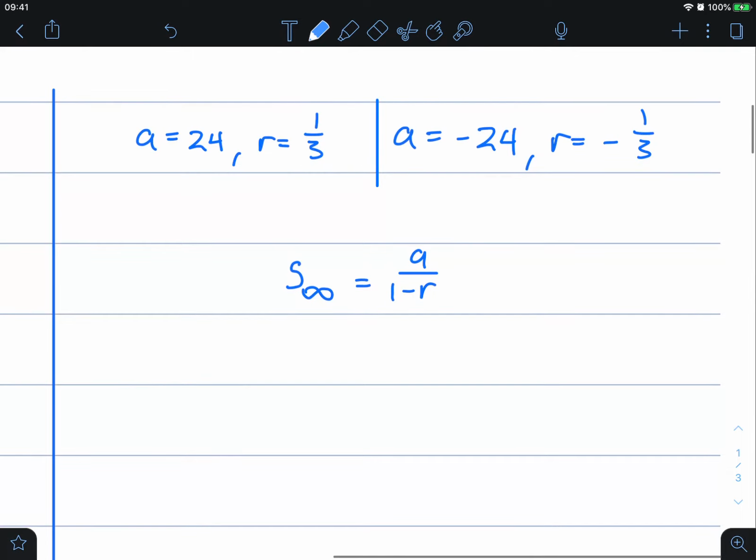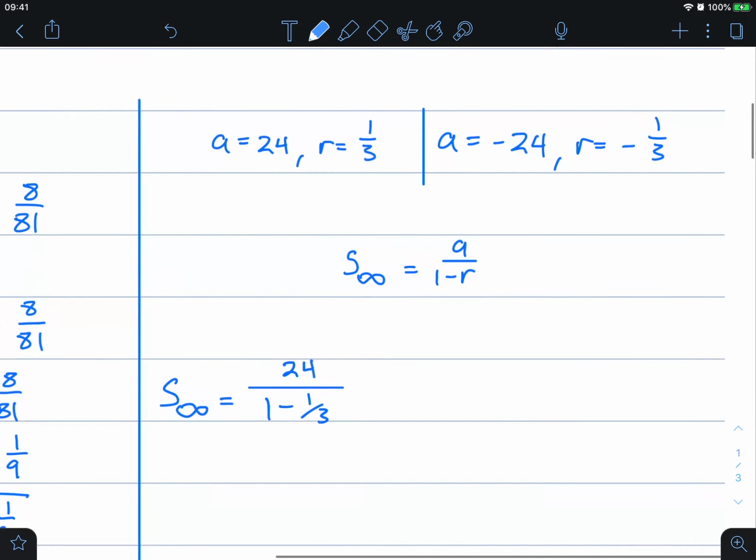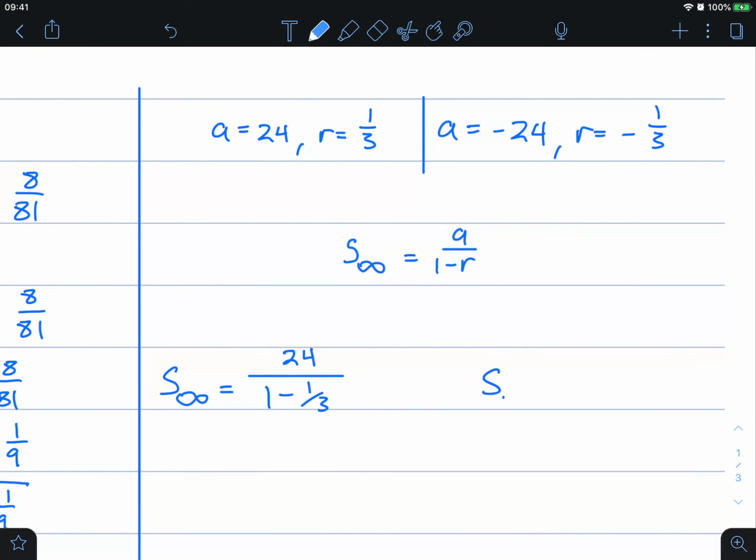So substituting in the positive, S infinity is 24 over 1 minus 1/3. And for the negative, equal to negative 24 over 1 minus 1/3.